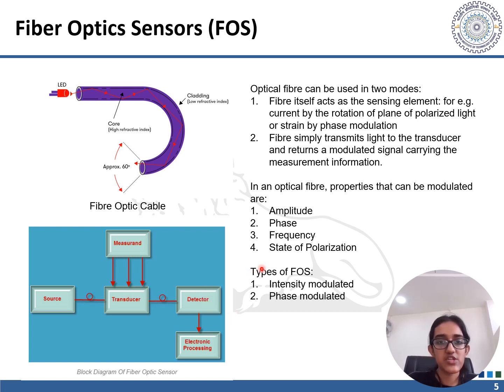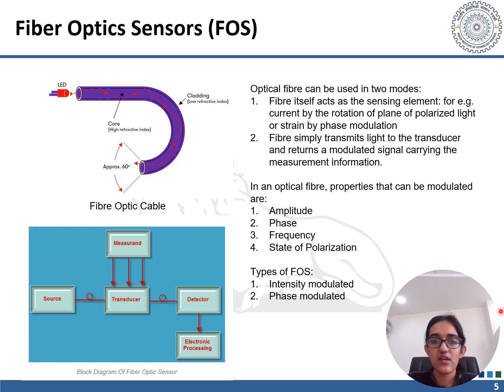As I mentioned earlier, in an optical fiber, we are exploiting the electromagnetic wave nature of light. And so the properties that can be modulated are amplitude, phase, frequency, and state of polarization. Now, there are two types of fiber optic sensors. One is your intensity modulated sensor.